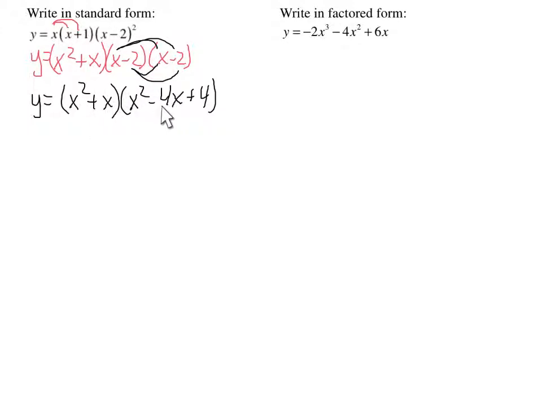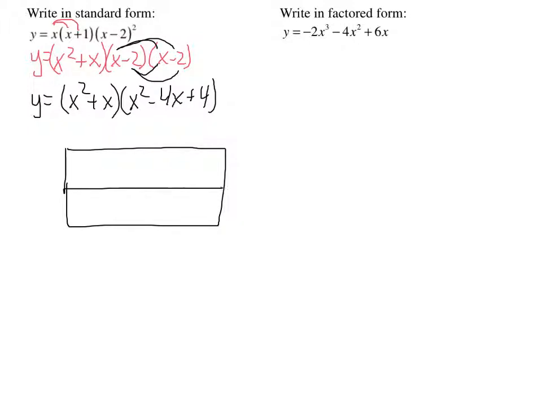I like the box. When you have a 2 by a 3, the box tends to be a little bit cleaner. And here's what I mean by the box. Okay, don't write too big because you need some space, because later on we're going to put a graph in this. So which one's going to be on the left? You have x squared plus x.